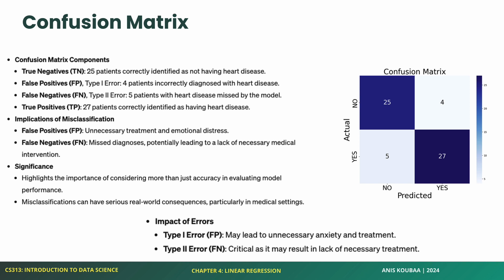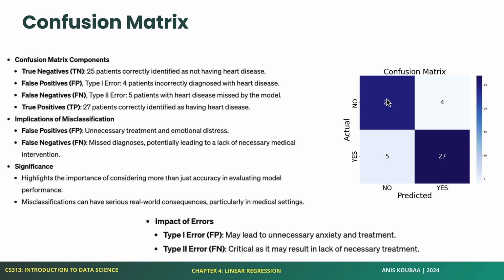Based on the concept of true positives, true negatives, false positives, and false negatives, we introduced the concept of the confusion matrix. This matrix summarizes the confusions, the misclassifications that occur. Here we have only 2 classes, so it's a 2 by 2 matrix.